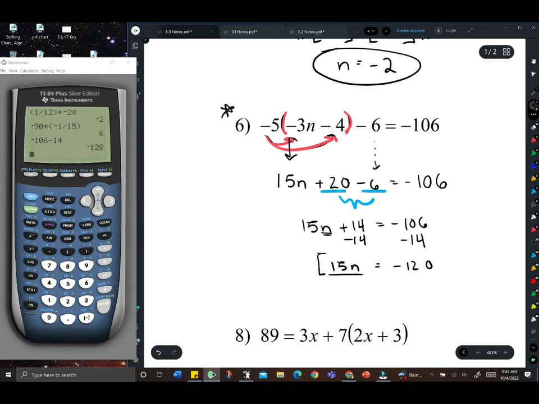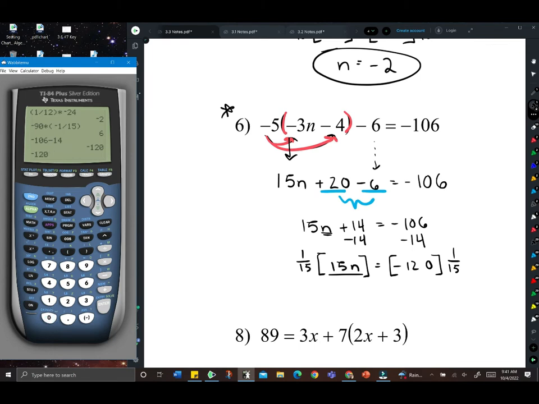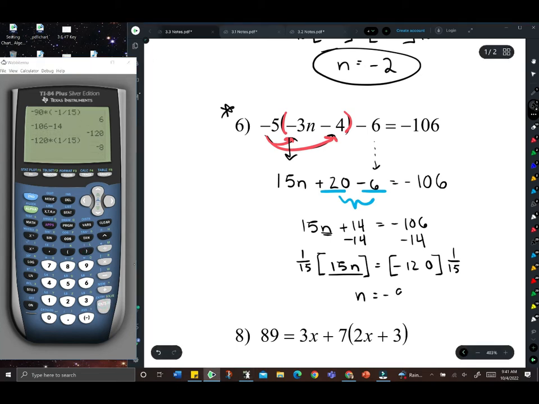Then we're going to divide, actually multiply by the inverse, sorry. Inverse, negative 120 times 1 over 15 is negative 8, and that's our answer.